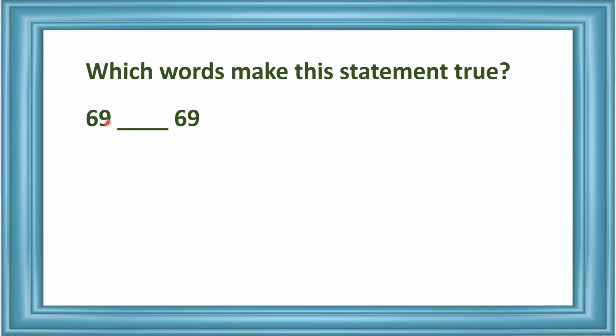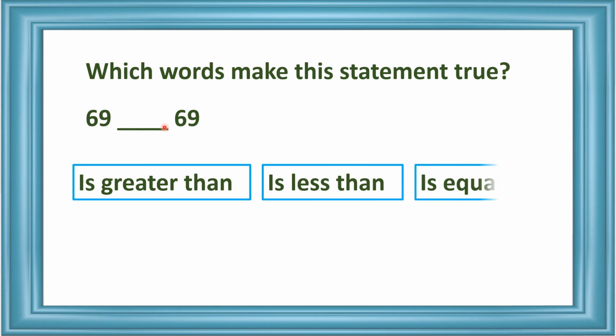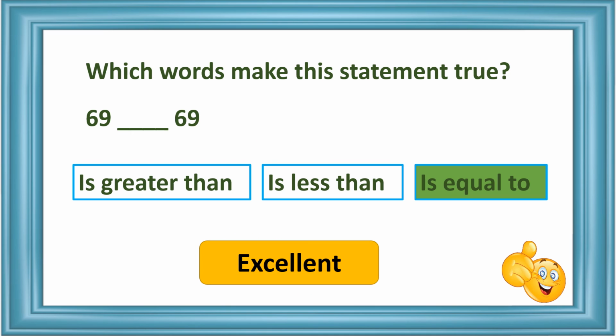Third one, 69 dash 69. And the options are here. Come on, tell me which is the right option. Yeah, very nice. Tens also the same, units also the same. So both numbers are equal to each other. So 69 is equal to 69.